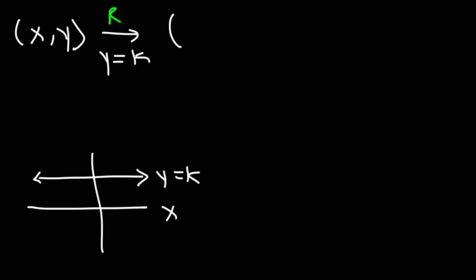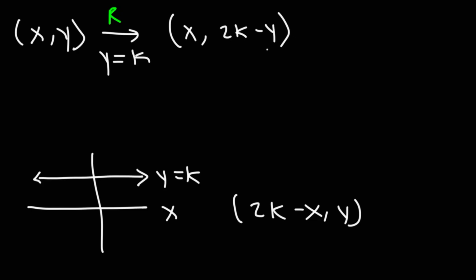So it's similar to reflecting about the x-axis. When you reflect about the x-axis, the x values stay the same, but the y values will change. So for the other one, it was 2k minus x, y. For this one, it's going to be x, 2k minus y, where y is the original value that we had here.